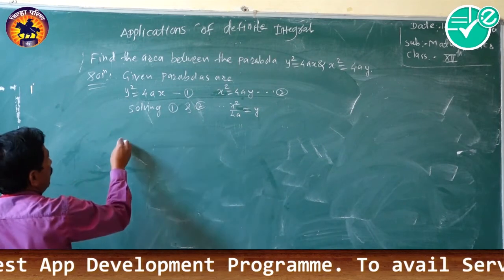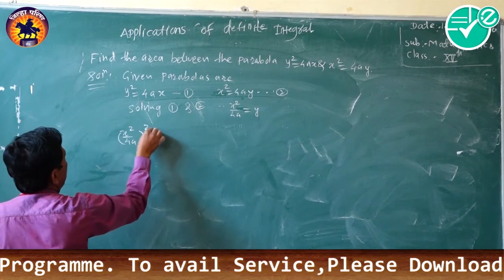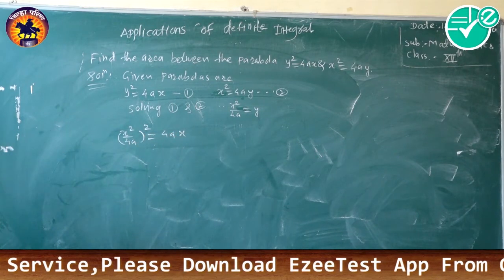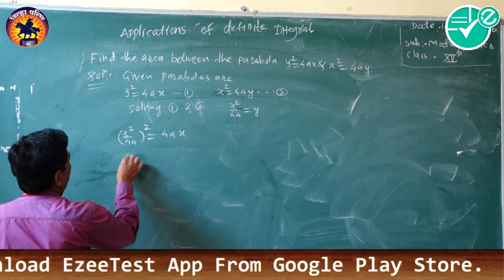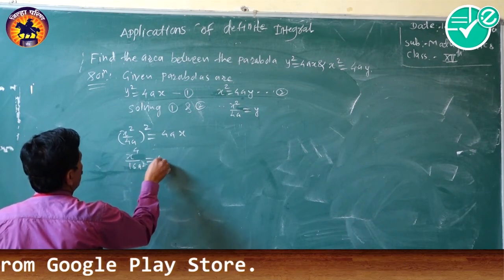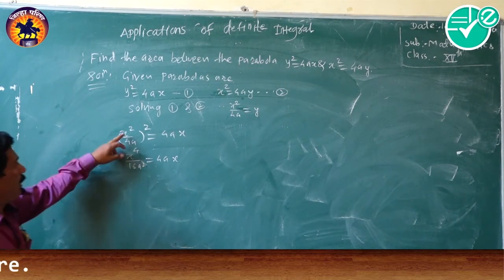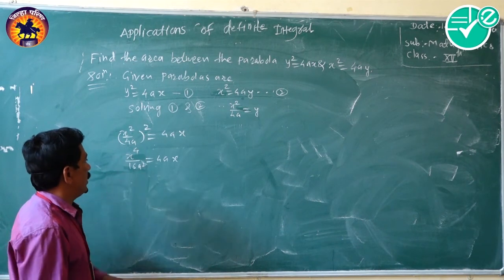Substituting this value here, x square by 4a bracket square is equals to 4ax, and therefore x raised to 4 by 16a square is equals to 4ax. That is squaring this, x square is x raised to 4, 4a square is 16a square.